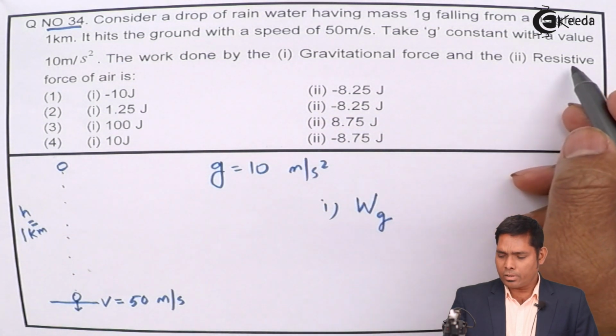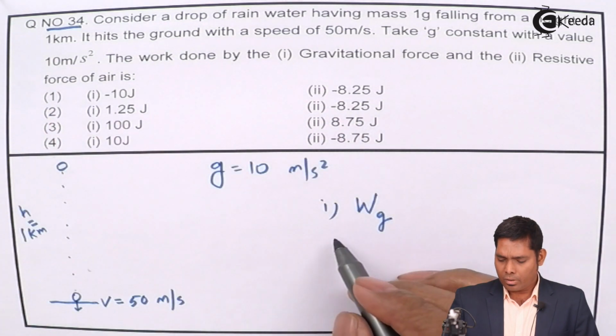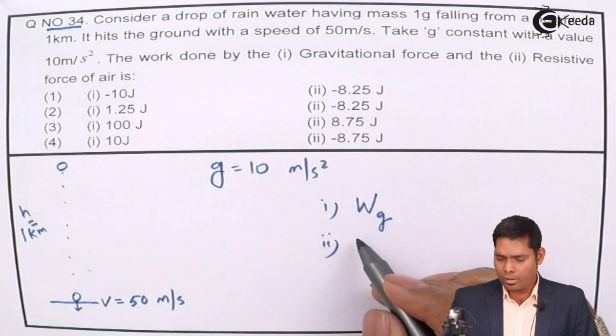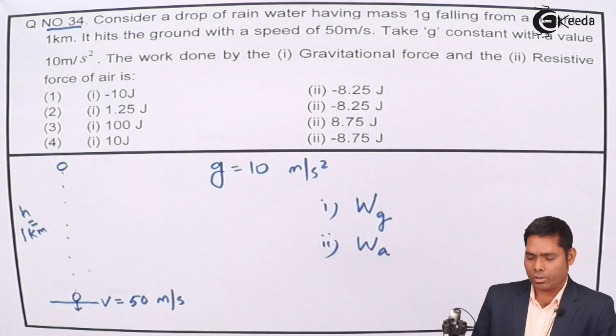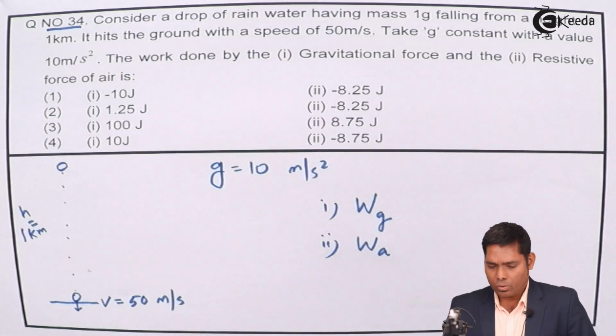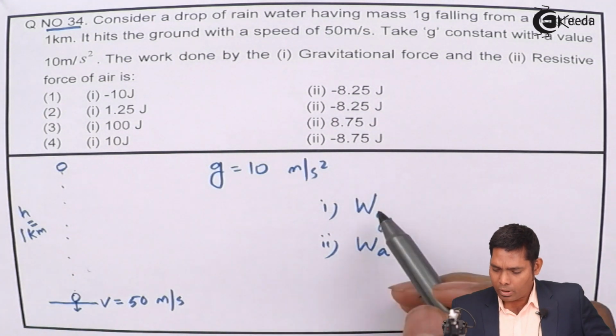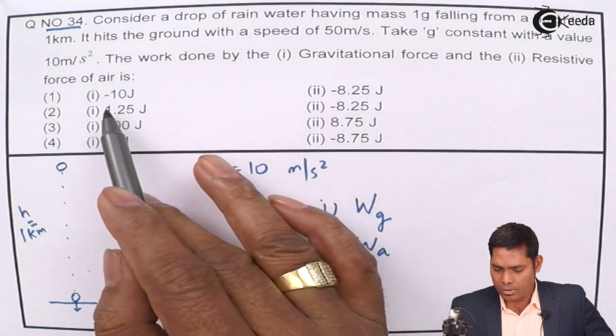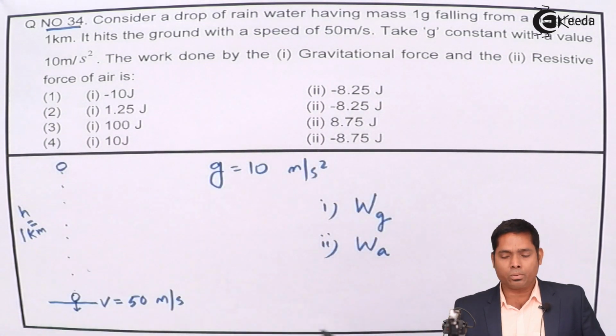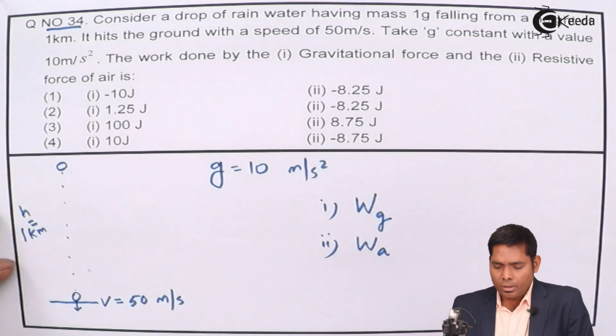The second one is resistive force of air. You have to find the work done by air resistance. So we have two answers given. In each of the options we have to find the correct one.